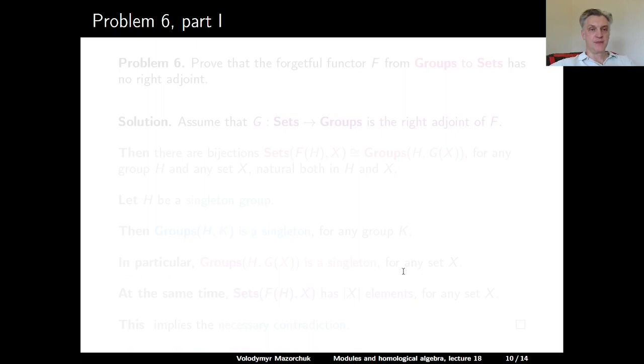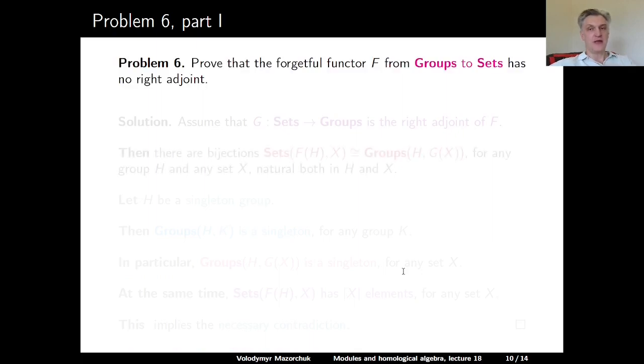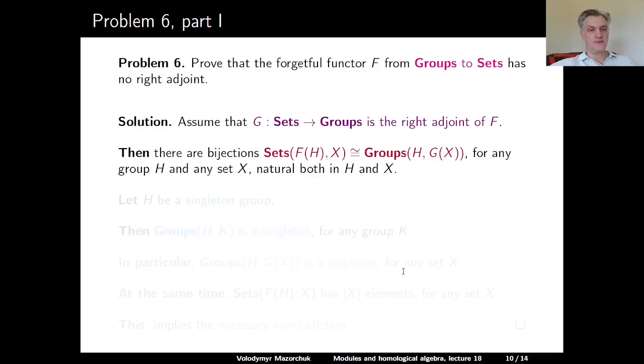Problem 6. Prove that the forgetful functor f from the category of groups to the category of sets has no right adjoint. Solution. Assume that G from the category of sets to the category of groups is the right adjoint of our functor f.